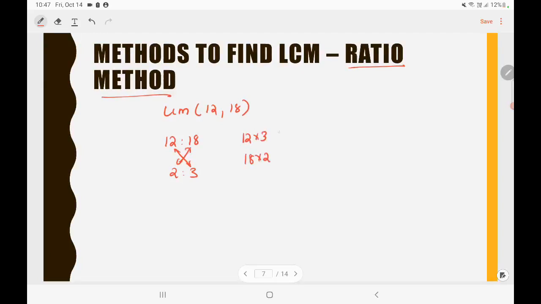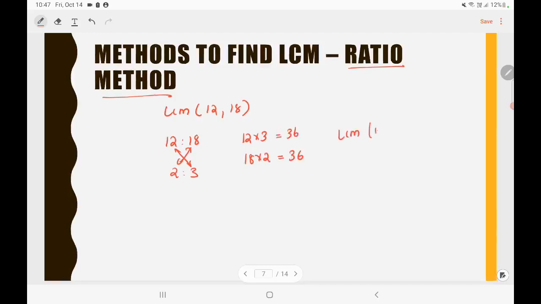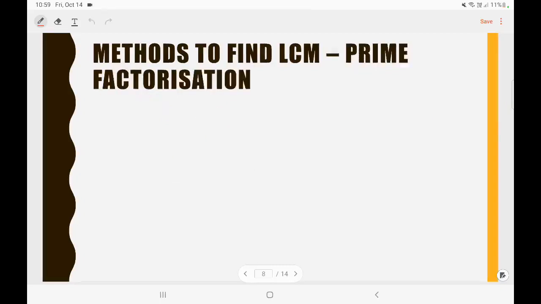Both will be the same. 12 into 3 is 36. 18 into 2 is 36. That means the LCM of 12 and 18 will be 36. So this is the ratio method. You can use the ratio method when you want to find the LCM of two numbers. If more than two numbers are given, then you go for the prime factorization method.